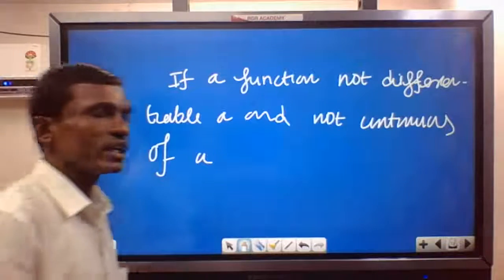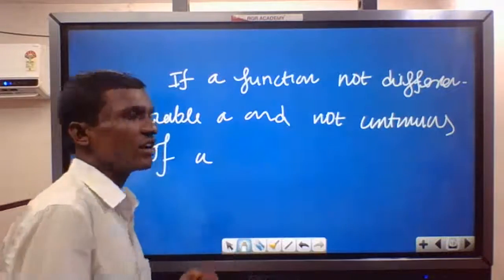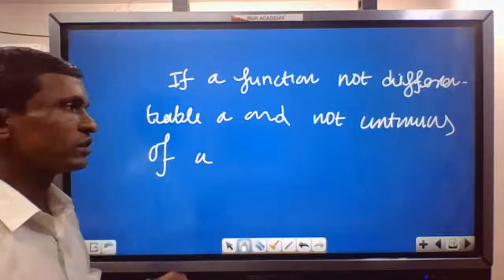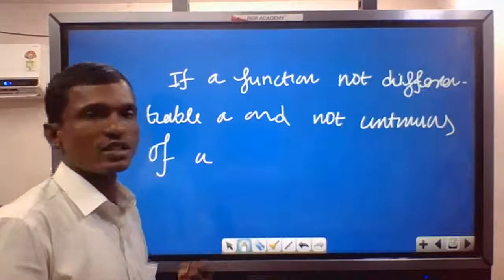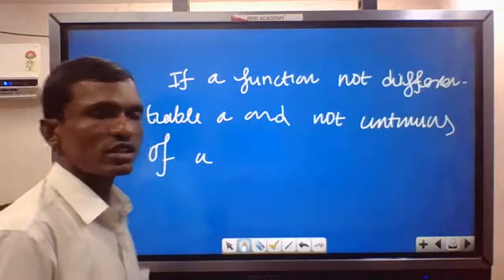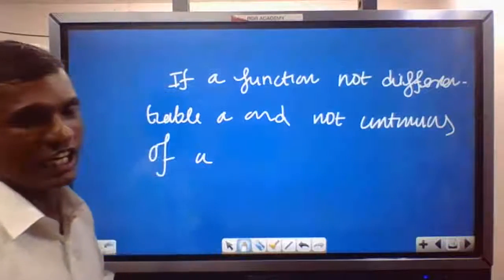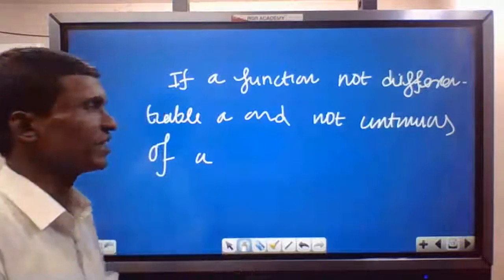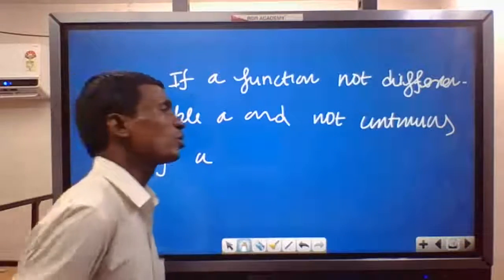And moreover, the identity laws, idempotent laws, associative laws, distributive laws, commutative laws, De Morgan's laws. These we can use in solving based on truth tables.